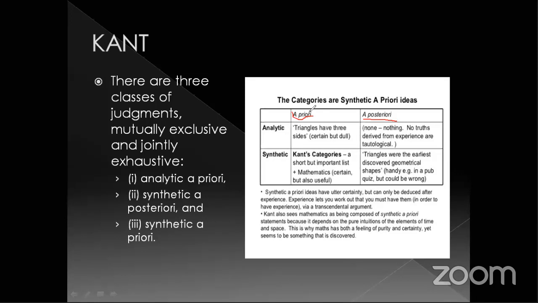Now synthetic a priori is actually certain but also useful. It's mathematical knowledge. And synthetic a posteriori: triangles, earliest discovered geometrical shapes. It's handy enough, but it could be wrong. After invention, it becomes a posteriori. So these are the judgments of Kant.